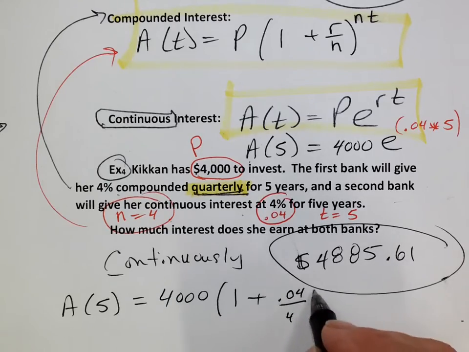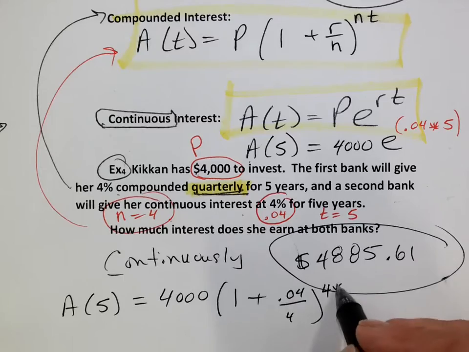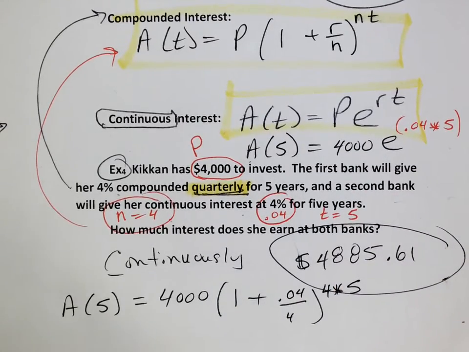To the power of n, which is 4, times my time, which is 5 years. Let's write that down: n is the number of times per year compounded.